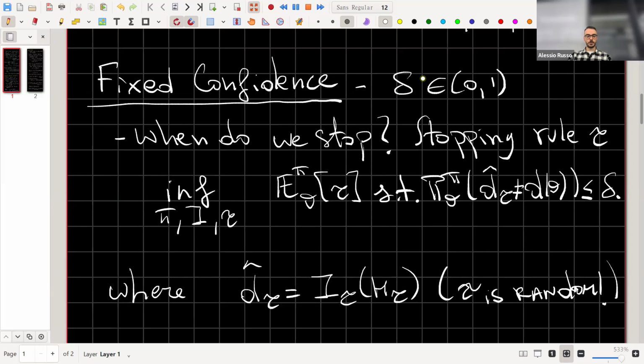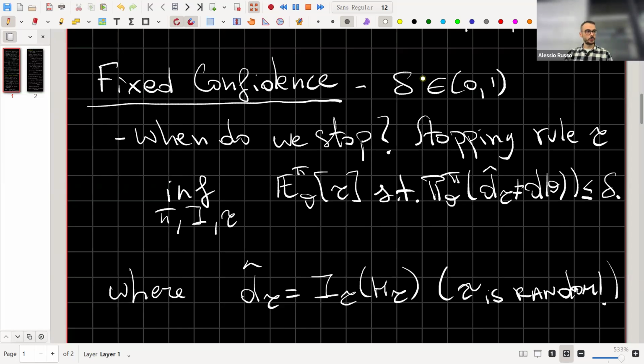So here we are taking an infimum over all possible sampling rules, possible inference rules, possible stopping rules, and we want the average stopping time to be minimized subject to this constraint on the error rate.